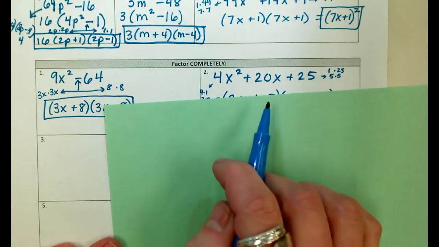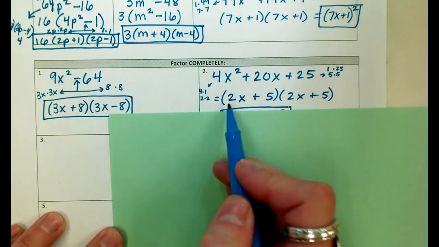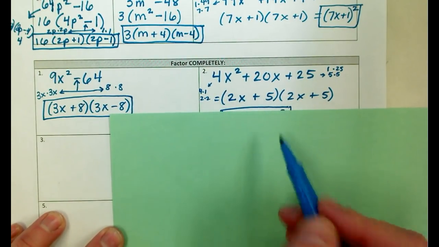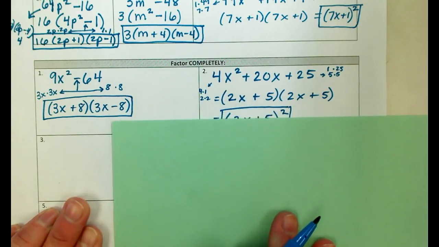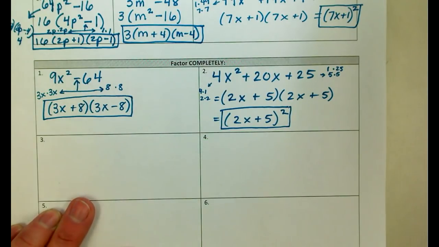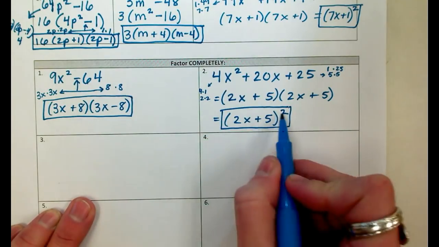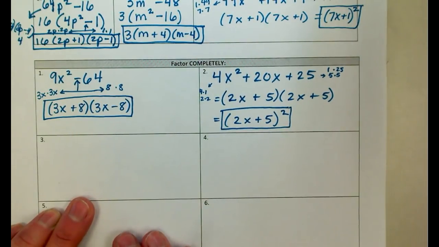So I checked this one to see if it was my perfect square trinomial, which it was. 2x plus 5, 2x plus 5, which I can rewrite, since those are the same exact binomials, as 2x plus 5 squared. Make sure you're writing your final answer as a binomial squared when we have a perfect square trinomial.